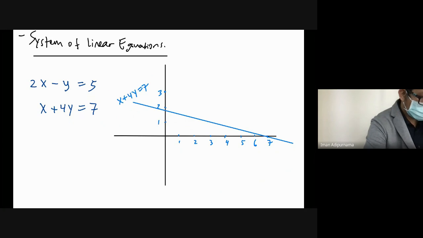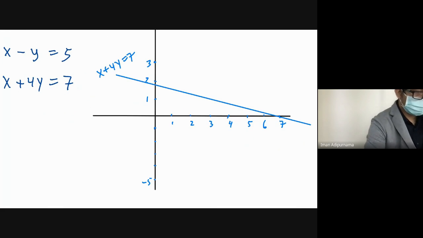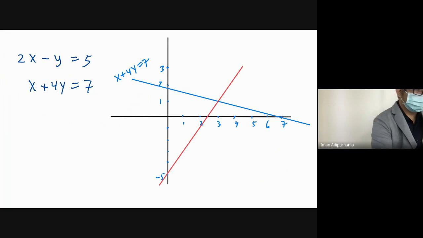This will be 5, and I think this will be around here. Okay, so this will be 2x minus y equals 5.